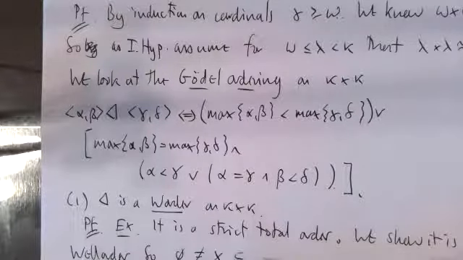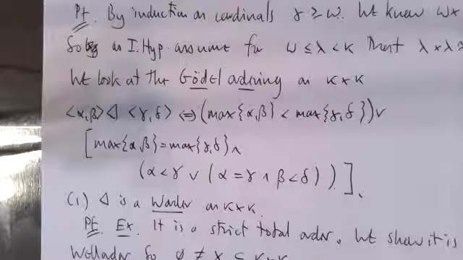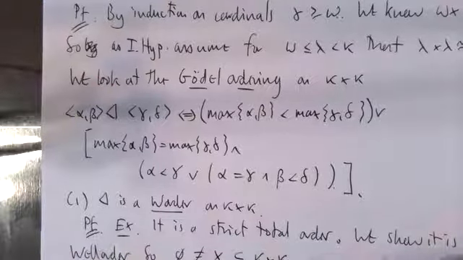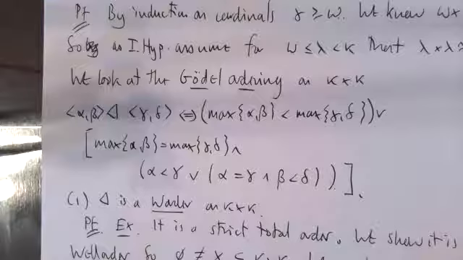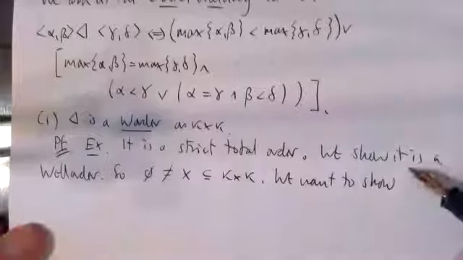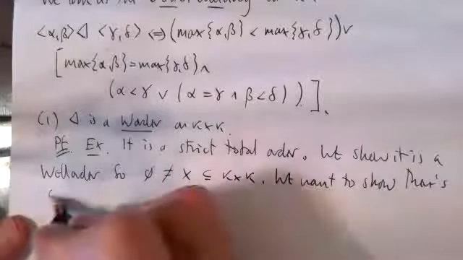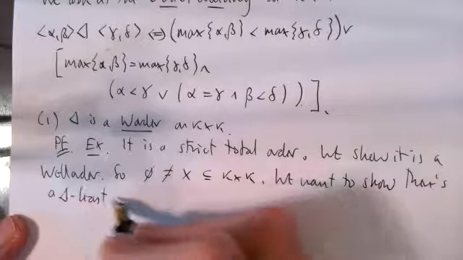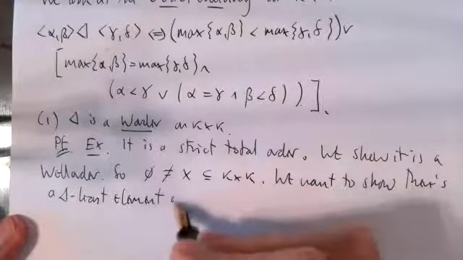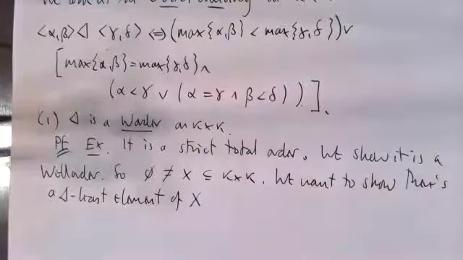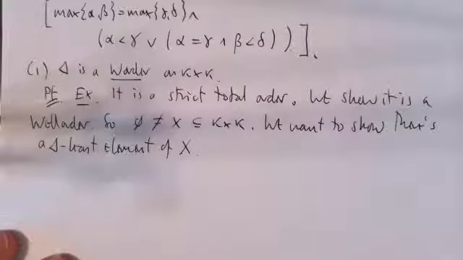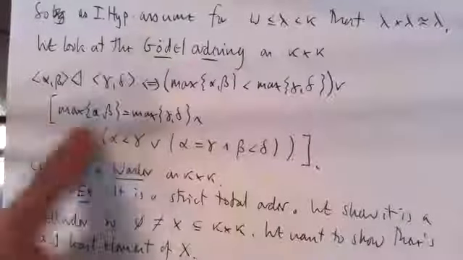We take some non-empty subset of the field of the well order, X, and we need a triangle least element of X. We just look back at the ordering and minimize.